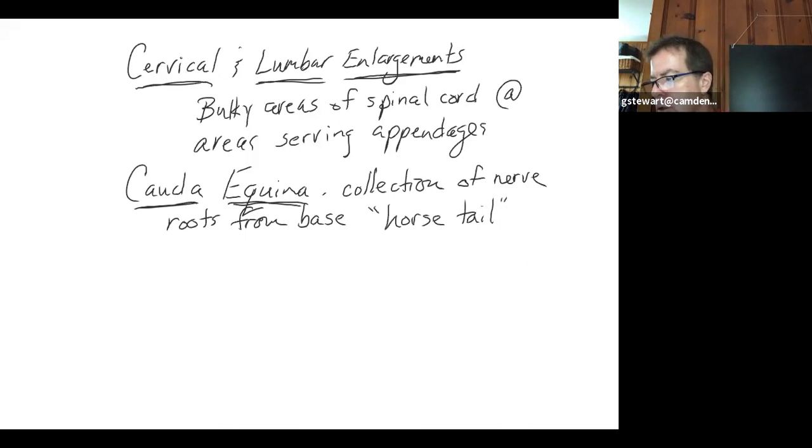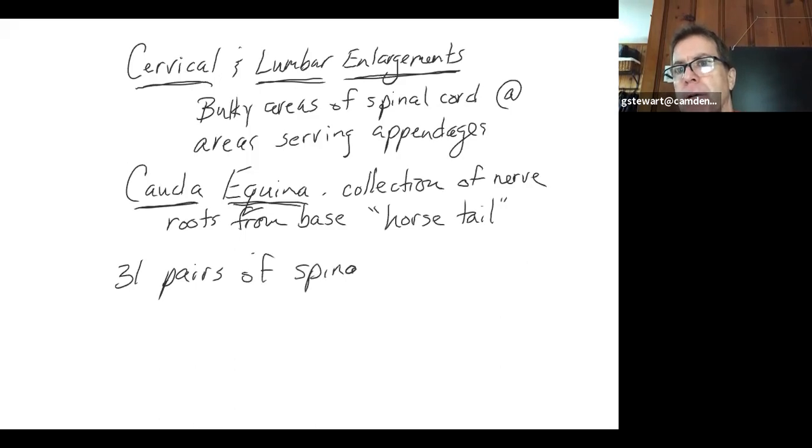Okay, now I'm going to just go to, there's 31 pairs. You don't have to memorize all of them, that's the good news. But I want you to know there are 31 pairs of spinal nerves that attach to the spinal cord at roots, what we call roots.